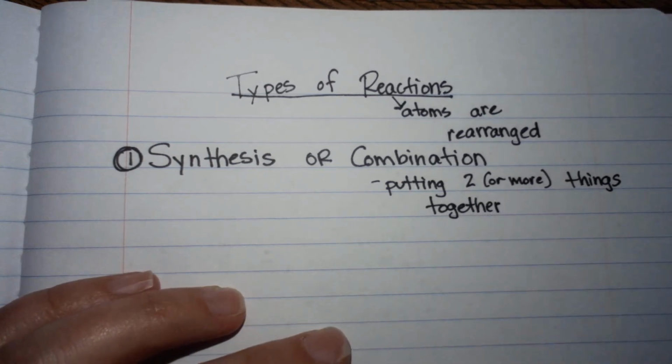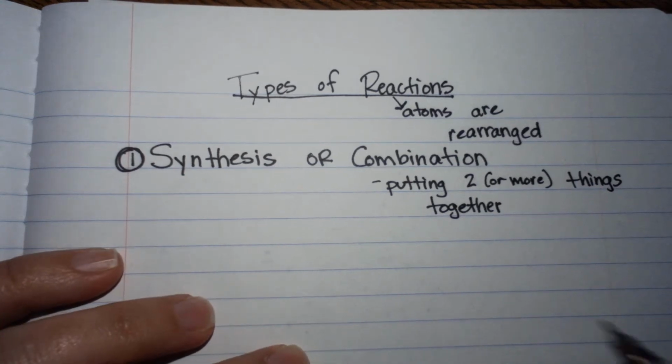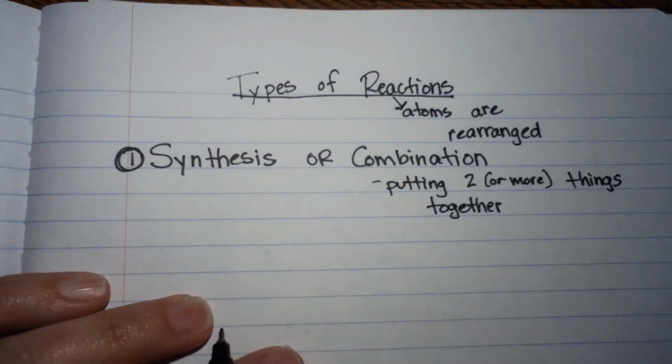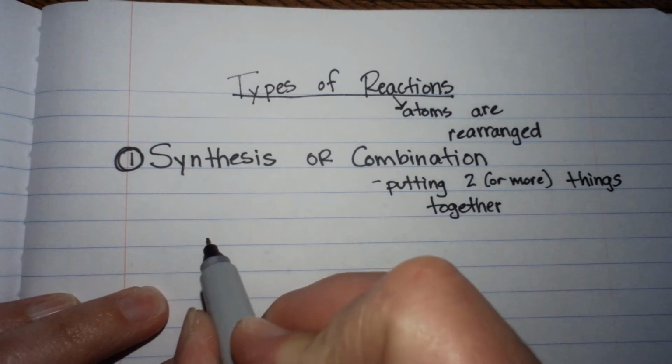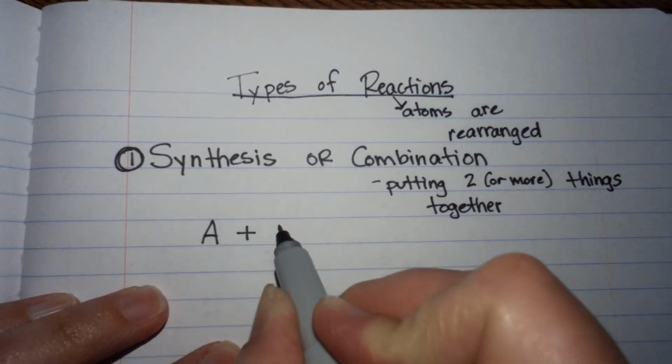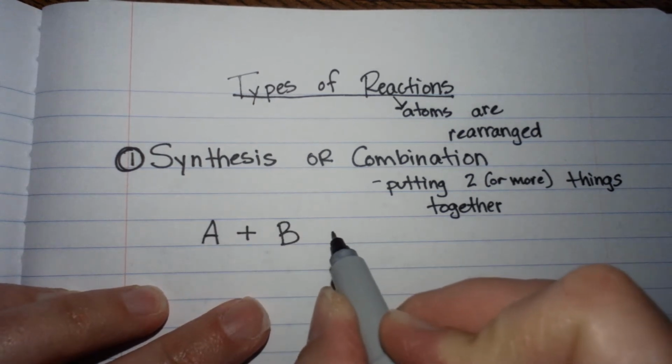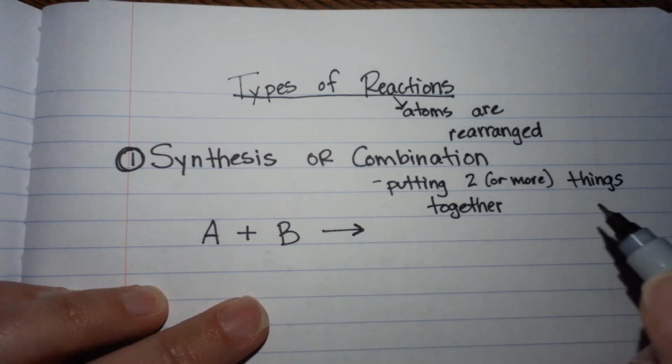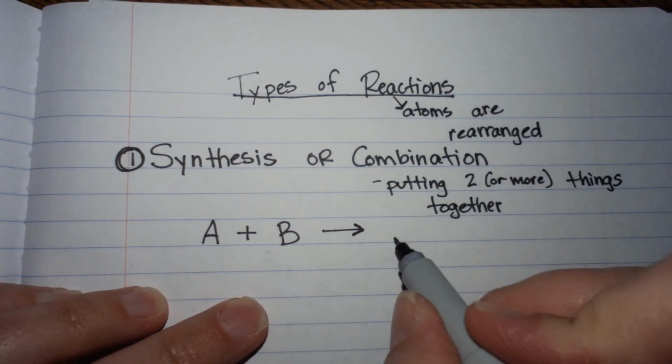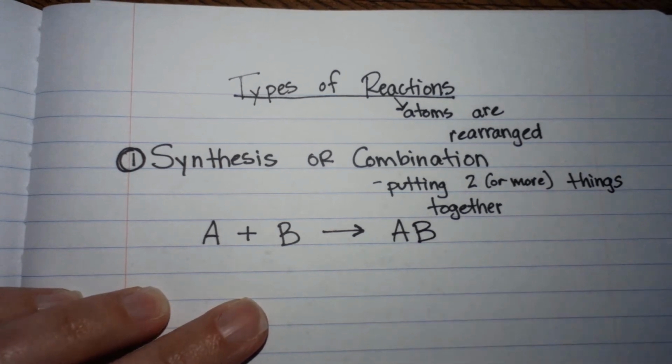So putting two or more things together. Let's look at that example that she gave. She said we would have A plus B makes or produces AB.